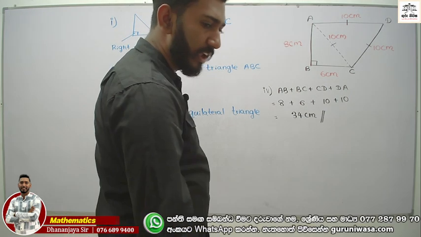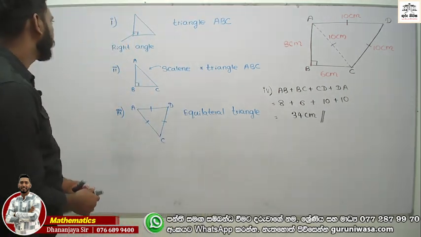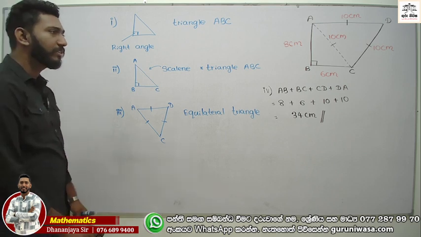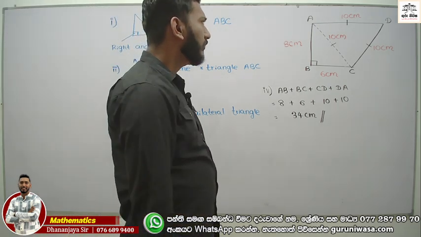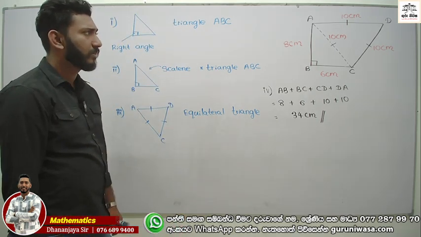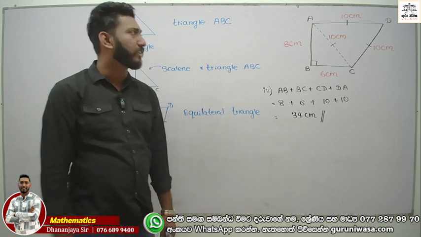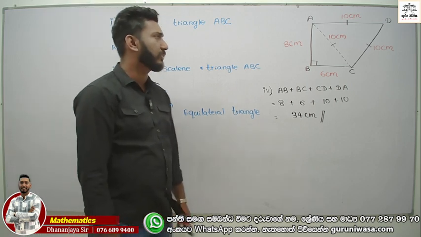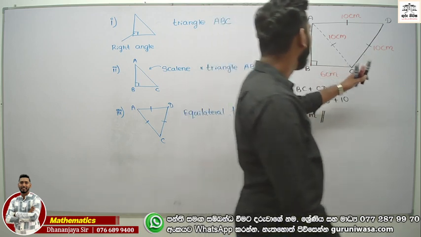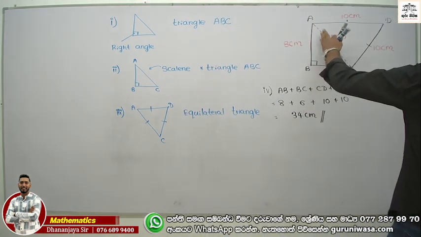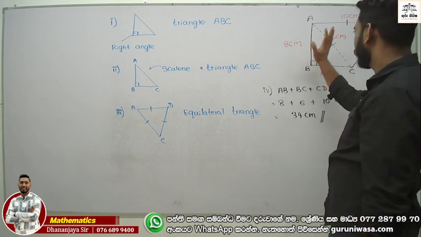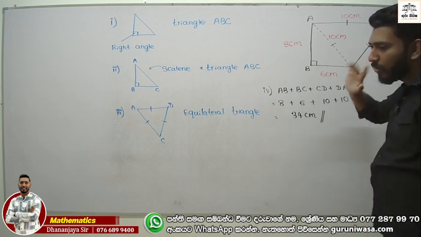Concave and convex, remember? In concave polygons there are reflex angles, but in convex polygons there are none. Let's look. This is a right angle, and this one is like a right angle too. It's not a reflex angle. There are no reflex angles.